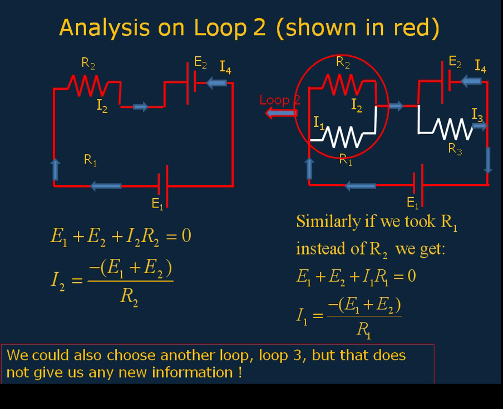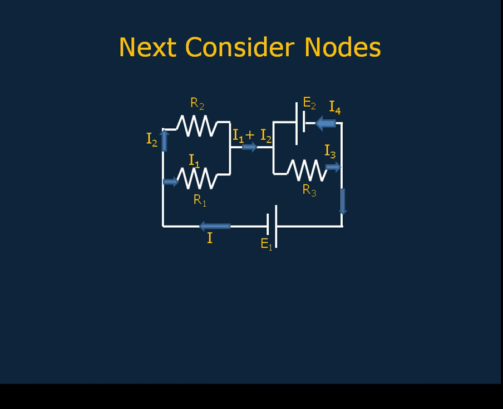So let's proceed to the next step. The next step is to select the nodes and figure out what the currents are doing at the nodes. We could select this node to begin with, and that's simple. I equals I1 plus I2, so that's one equation. We found both I1 and I2. We'll come back to that.